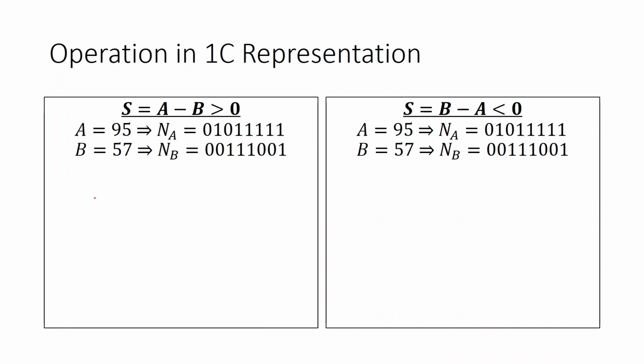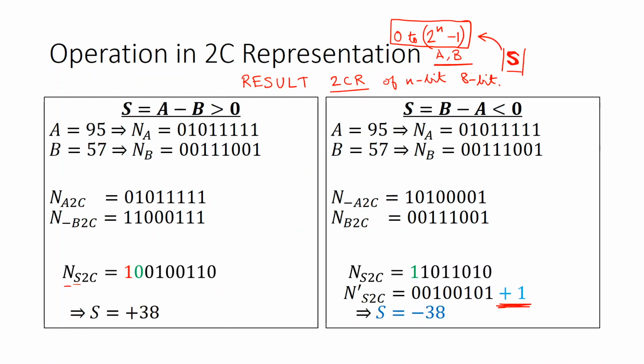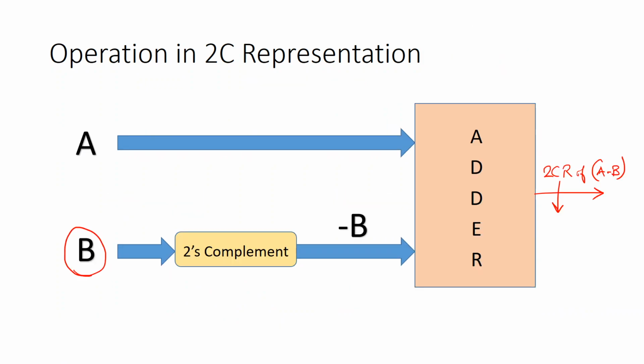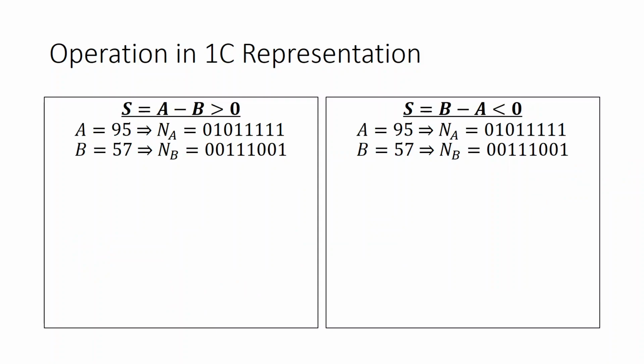So let us look at what were our 95 and 57. Okay, it's already given here, I think. Yeah. So if I have to do a minus b, I would like to have it not in 2c, sorry, it should be in 1c, and a is the same because it is a positive number.